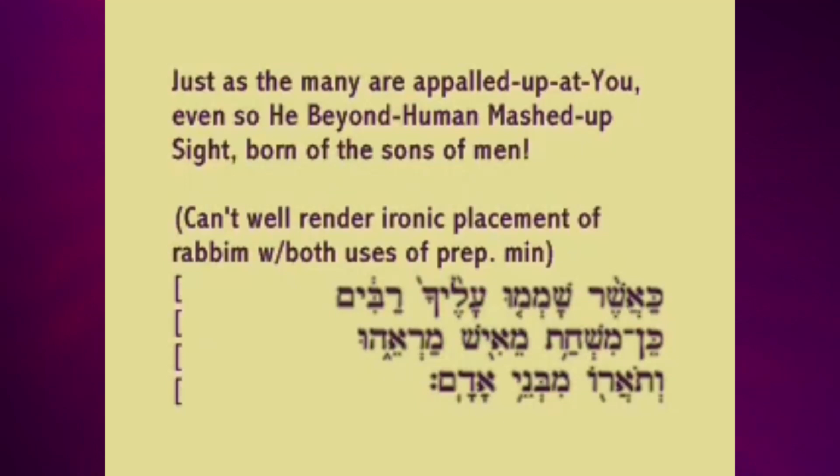And then otoaro, alright, that's still talking about birthing, because he's got a body now. Otoaro. Mib eni Adam. Again, the M sound. Mib eni. Beni means sons anyway. And so he's sort of stressing that. Okay? And born from the sons of men. Alright? I mean, I don't know if it gets better than this.